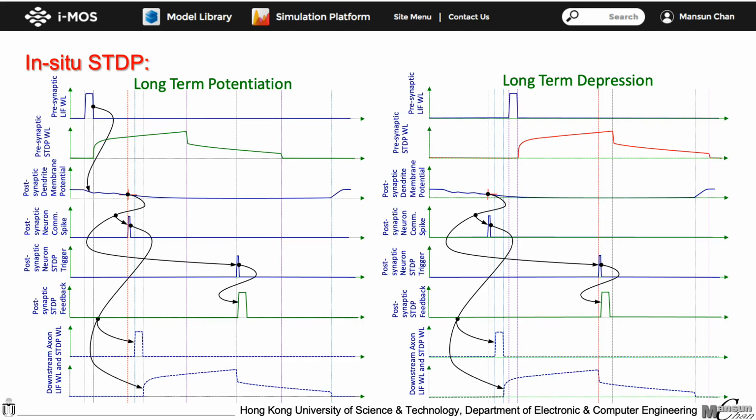This graph provides a more detailed explanation of the timing relationship between the input and the output of the synapse. In the case for the LTP, the synaptic input starts the process. Together with the input pulse, the STDP waveform is generated. The pulse causes VCAP to discharge to below VTH, causing the neuron to fire.